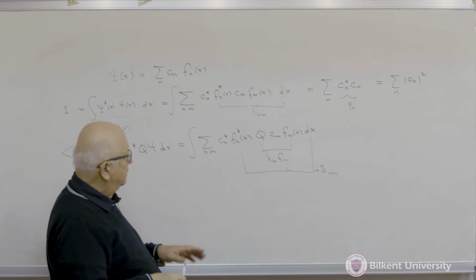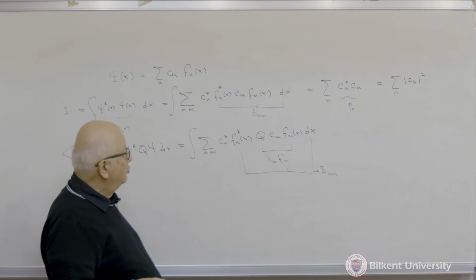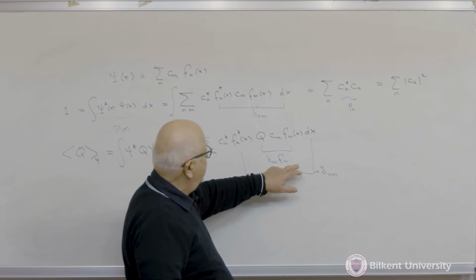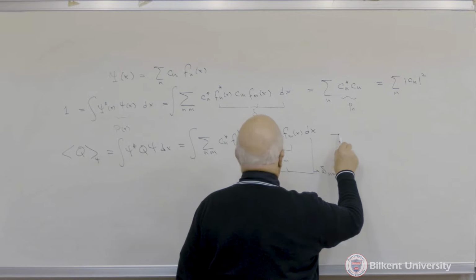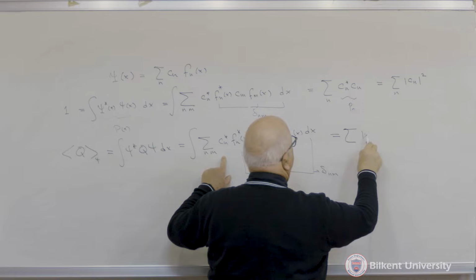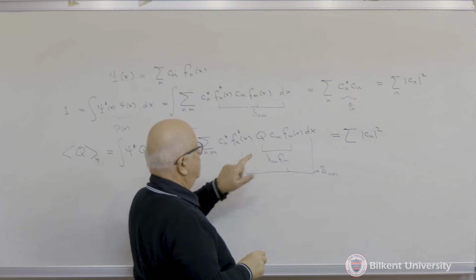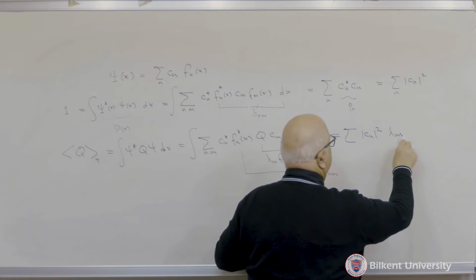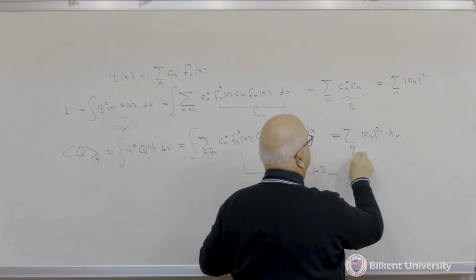So I am doing this a little quickly, but by now I'm sure you are also fluent in this. So this is going to pick out the n equal to m term here, and that is going to give me a simple series, Cn magnitude squared, times lambda n, same index.